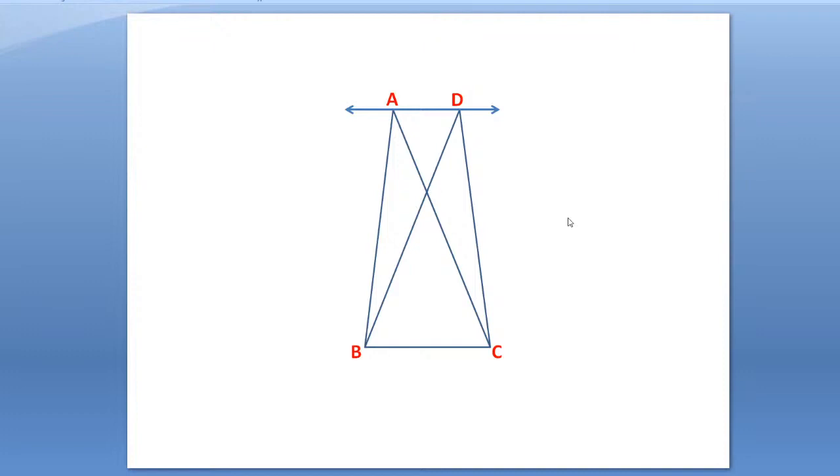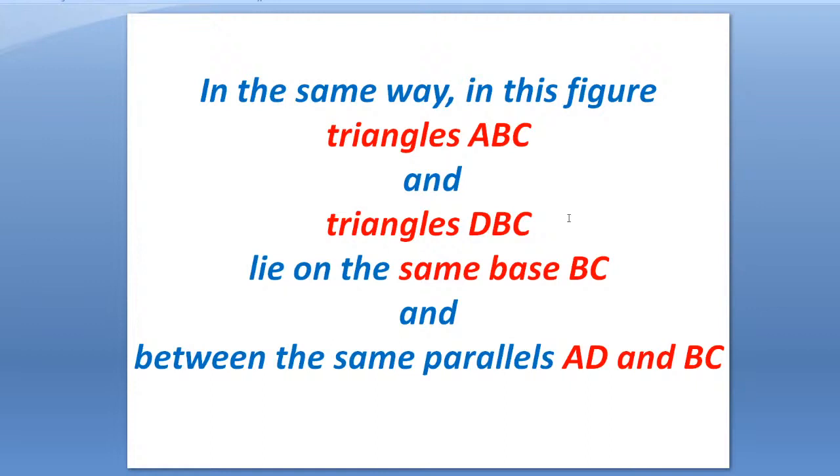Now you all are clear that these two triangles are on the same base or common side BC. See, in the same way in this figure, triangle ABC and triangle DBC lie on the same base BC and between the same parallels AD and BC.